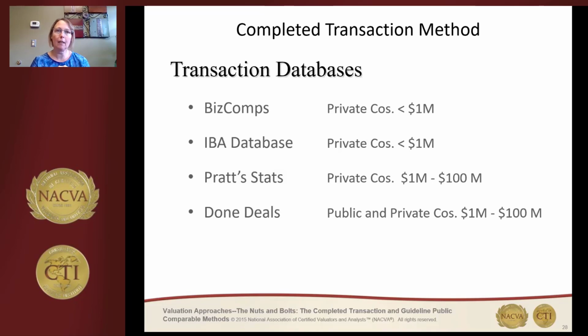And then if we're looking for guideline public company data, we want to search for the 10-Qs and 10-Ks that have been filed with the Securities and Exchange Commission. So we want to look right at that published public company data. That's useful.